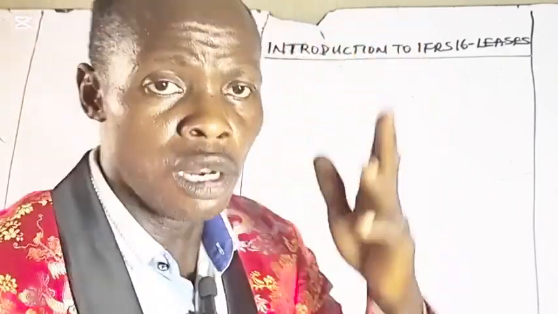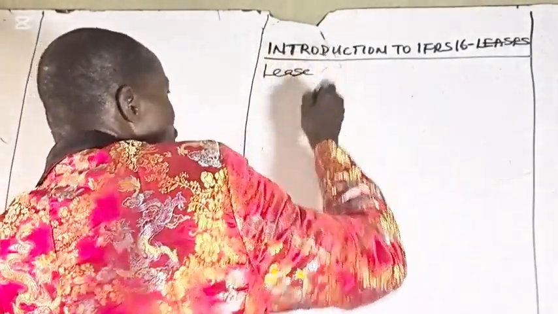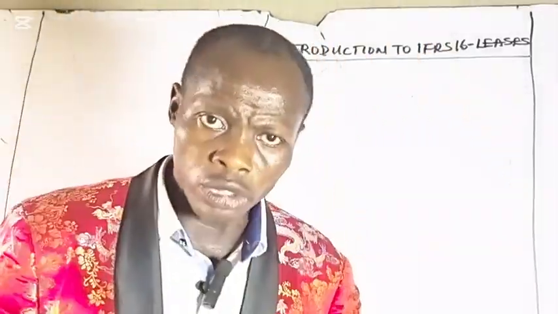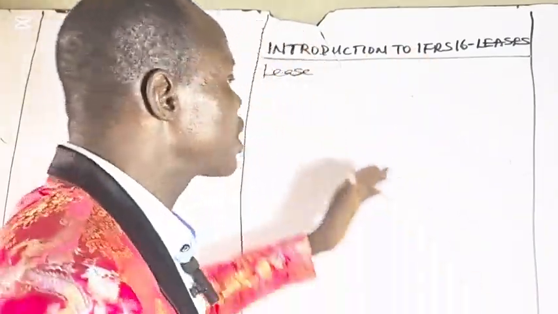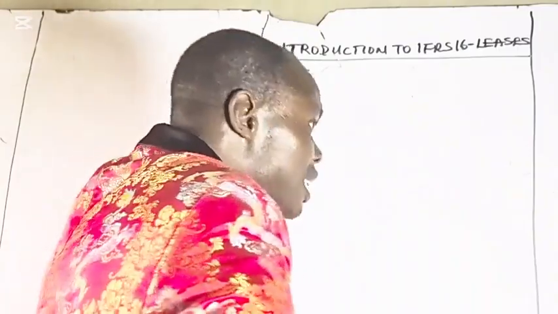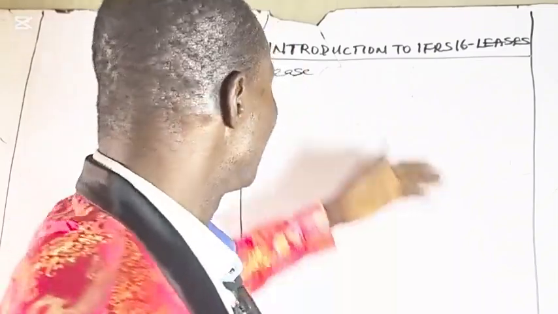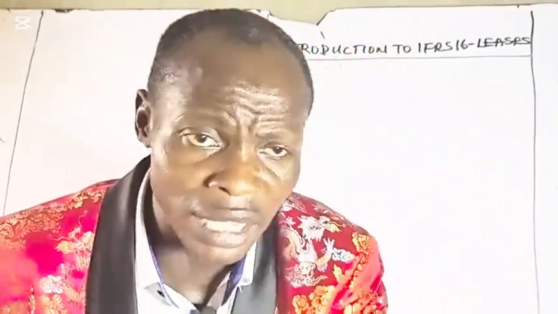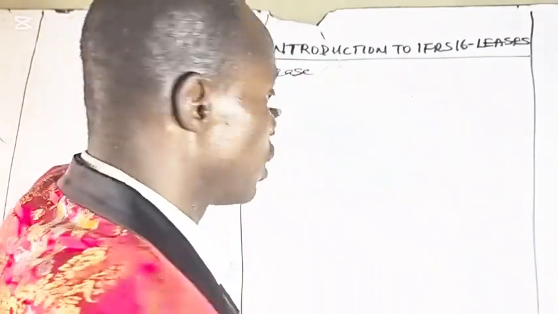What is a lease? A lease is a contract or part of a contract that conveys the right to use an asset for a period of time in exchange for consideration.